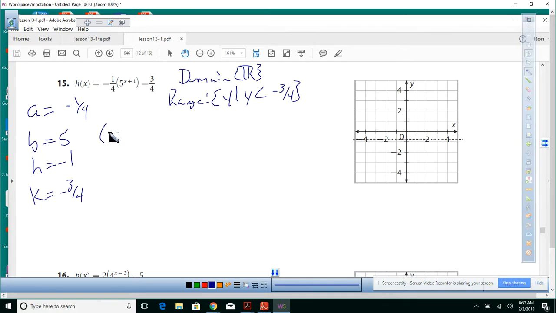And then we got H, and then A plus K. Since we got fractions, let's see, H is going to be -1, and then that's -1/4 plus -3/4, and so that's going to give me -1. Looks like -1, -1. All right, -1, -1 is right there.